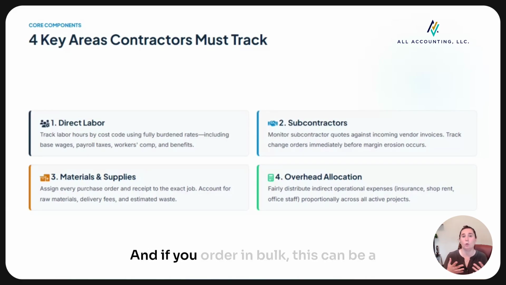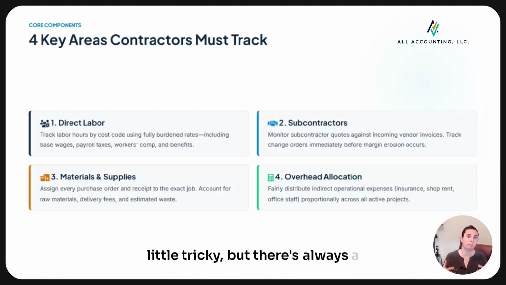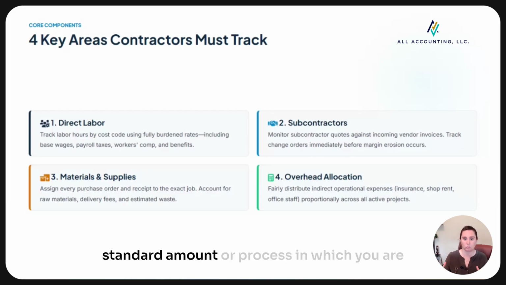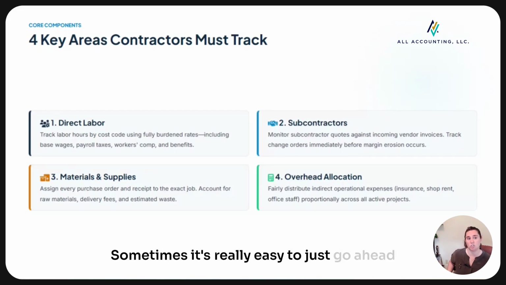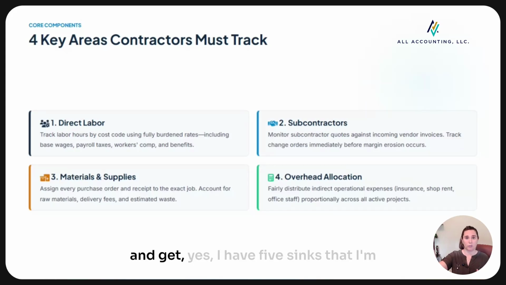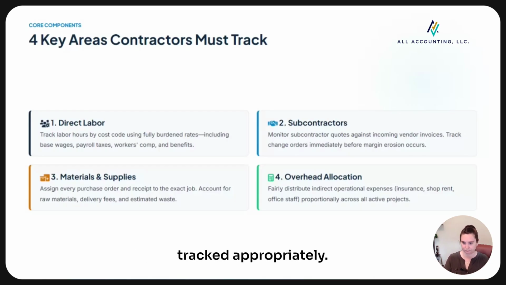And if you order in bulk, this can be a little tricky, but there's always a percentage or just utilizing some sort of standard amount or process in which you are divvying all of your materials and supplies to a specific job. Sometimes it's really easy to just go ahead and get, oh yes, I have 5 sinks that I'm putting into this home, and so you know what it is, but just ensuring that everything is tracked appropriately.